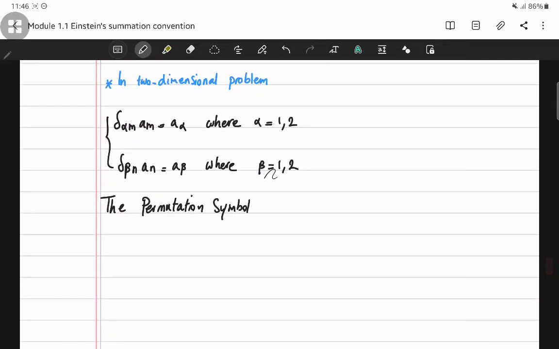Usually we use alpha and beta as 1 and 2, and i, j, k, r, s, and other Latin terms for 1, 2, and 3. But these Greek terms, alpha and beta, and sometimes gamma, are for 1 and 2.